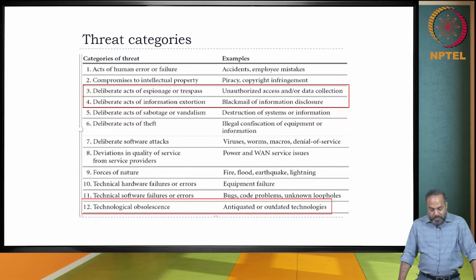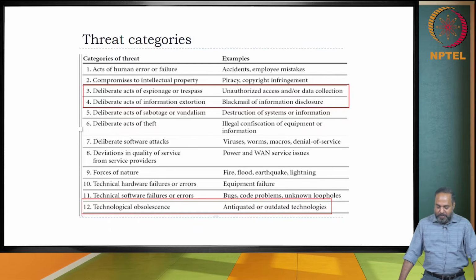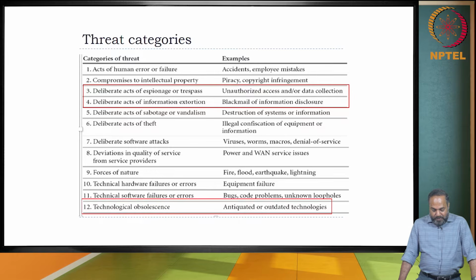Information extortion, where you actually try to threaten people and extort or get money or assets from people, that is another category. You can also see in this classification, the last one is technological obsolescence. Is that a threat? Technological obsolescence is classified as a threat category.